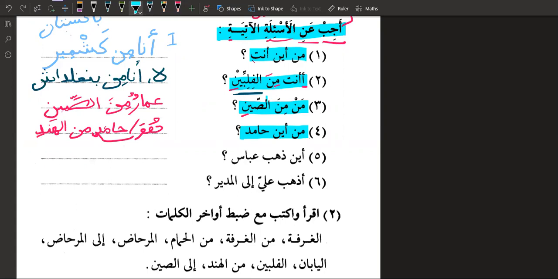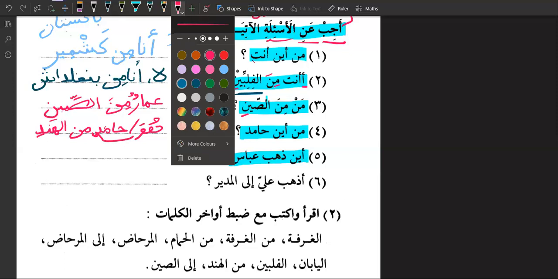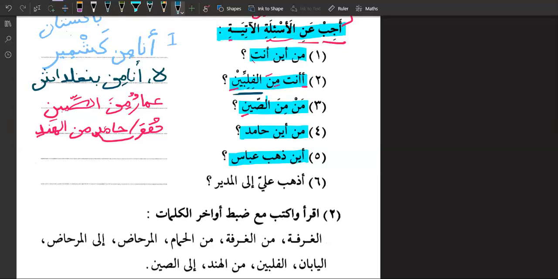جيد. إسماعيل، أين ذهب عباس؟ ذهب إلى المدير. نعم.